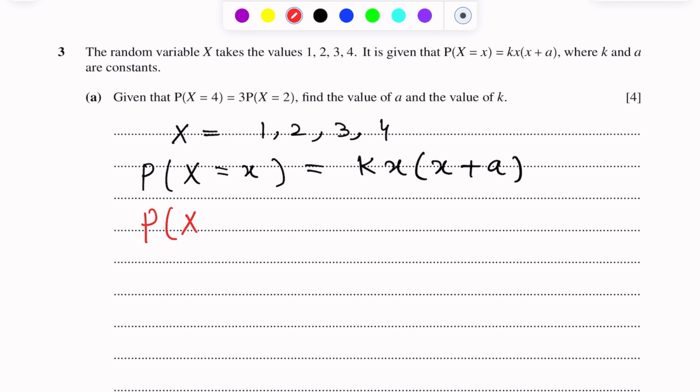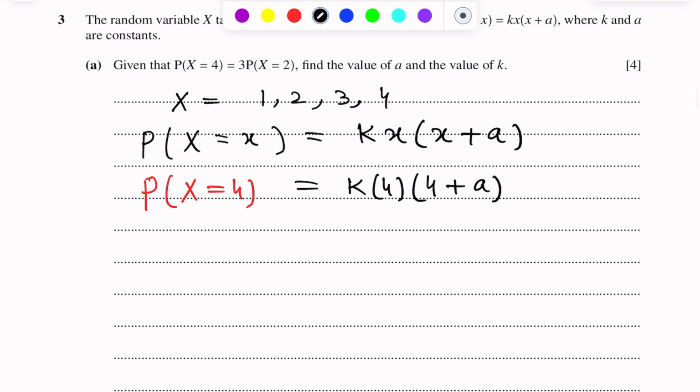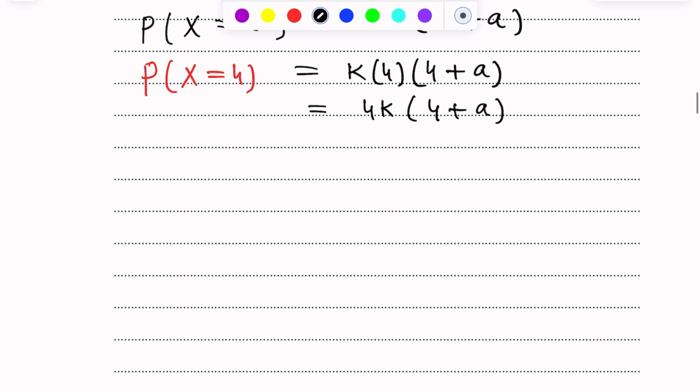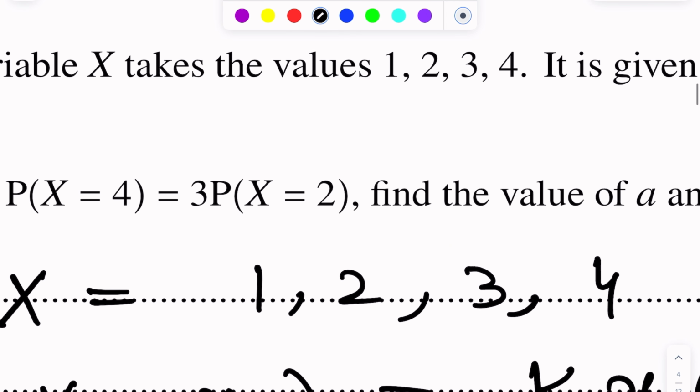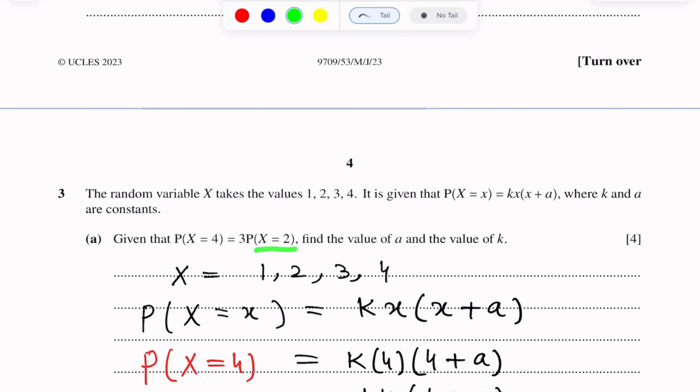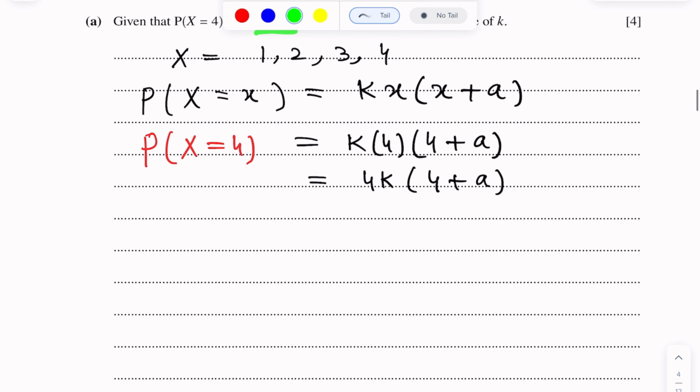Probability of X equal to 4 is equal to k into 4 into (4 plus a). This becomes 4k into (4 plus a). In the same way we will find the probability of X equal to 2.